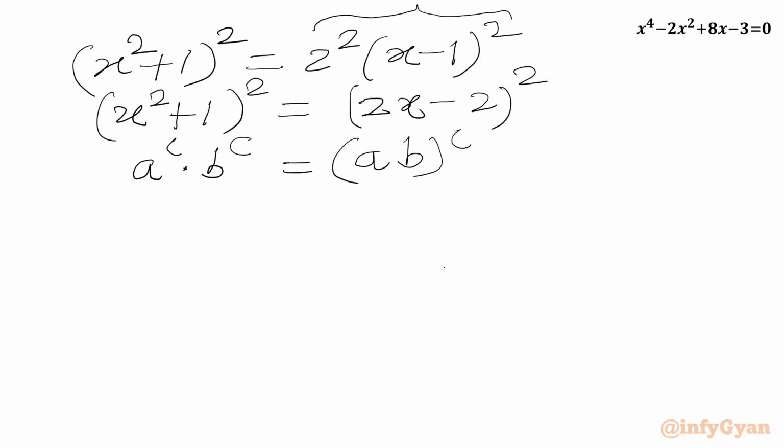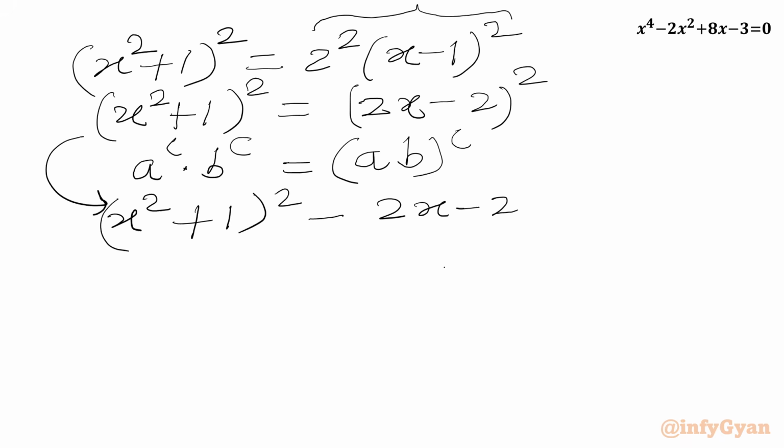Now I will write all the terms to LHS. So x square plus 1 whole square minus 2x minus 2 whole square equal to 0.